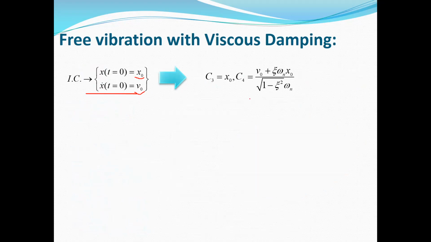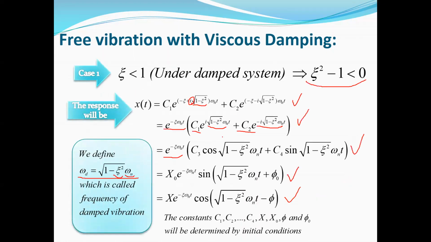If you refer to the previous slide, C3 and C4 are the coefficients of cosine and sine. When you substitute t equal to 0, we will have the exponential of 0, which is 1, times C3 times cosine 0, which is 1, plus C4 times sine 0, which is 0. So easily you can obtain that C3 is equal to x naught.